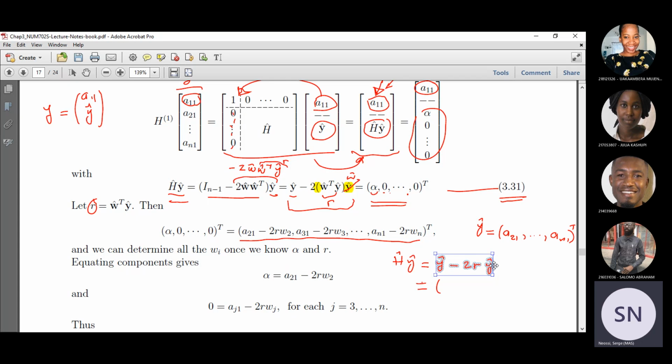So Y hat minus 2R W hat. Now, I know W hat. Remember, W hat starts with W1, W2, W3. If I substitute things together, this will be A21 minus 2W2, that's the first component. The next component will be A31 minus, oh, there's R somewhere here. I forgot to write the R.